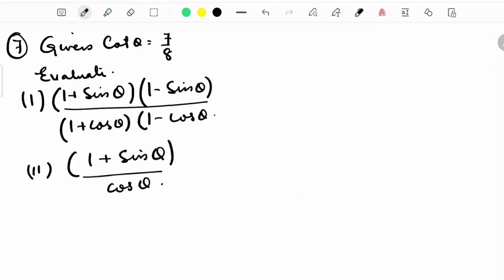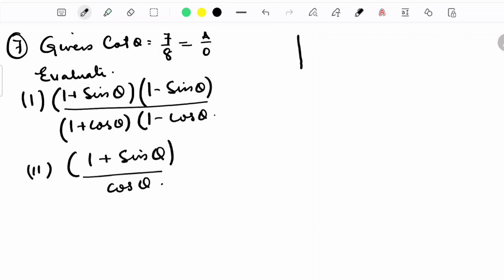Now student, this is the seventh problem. It is given that cot theta is equal to 7 by 8. So using a right angle triangle, we'll write this cot theta ratio is given as adjacent over opposite.